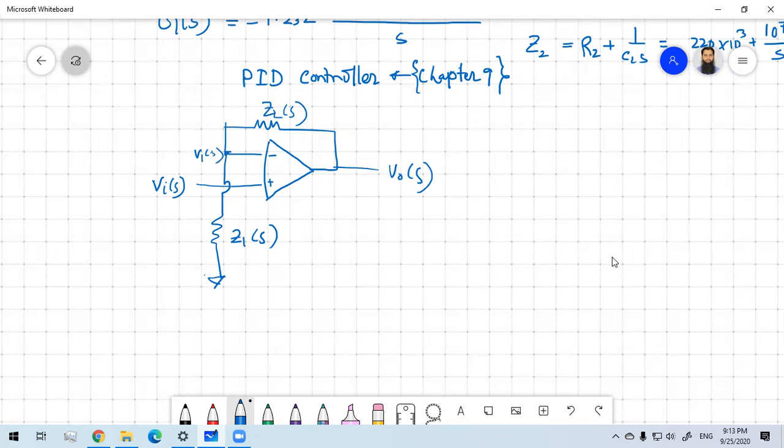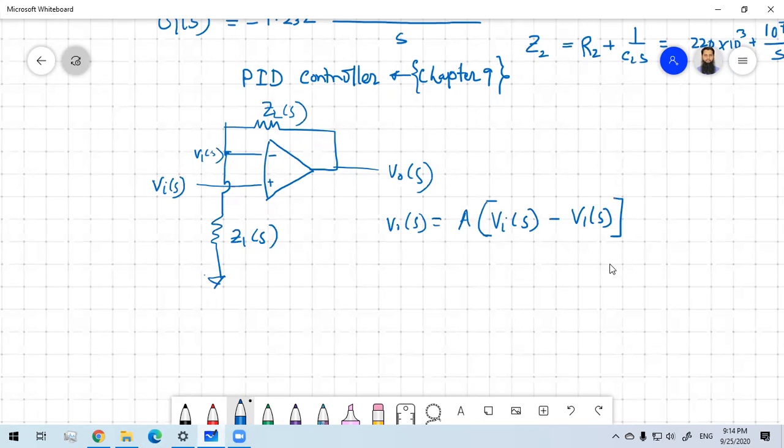So what will be our output? Our output, by definition, V0S is actually A into the voltage at the non-inverting terminal, that is VIS, minus the voltage at the inverting terminal, which is V1S. So this is our formula by default. Now, what is V1S? You have to apply the voltage divider.